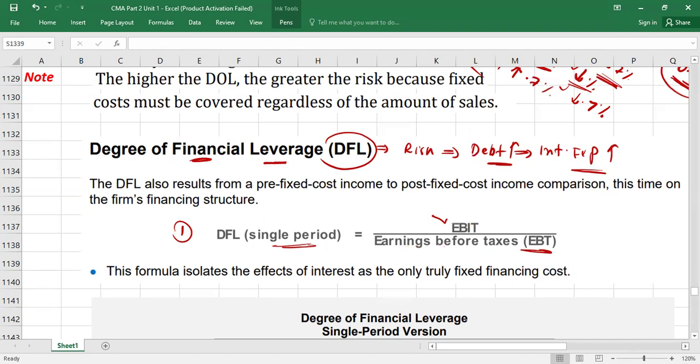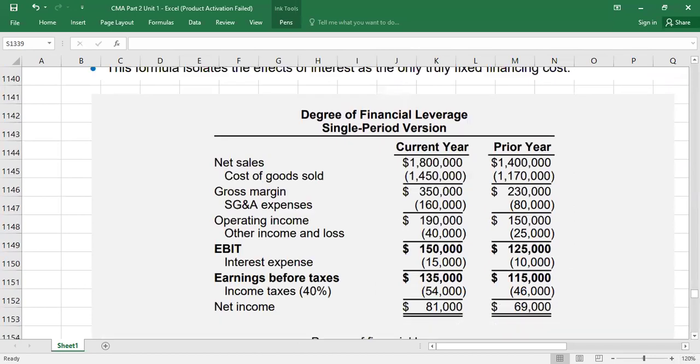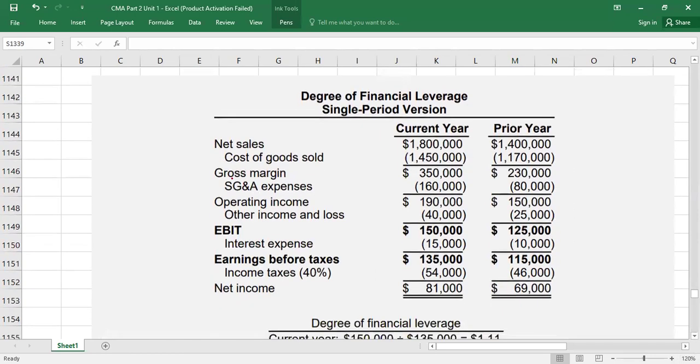Let me show you the income statement. Let's say you have net sales of the current year and previous year, minus cost of goods sold equals gross profit, minus selling and administration expense, plus or minus other operating items, equals operating income. Then plus or minus income or losses, because if there is income you will add, and if there are losses you will deduct it.